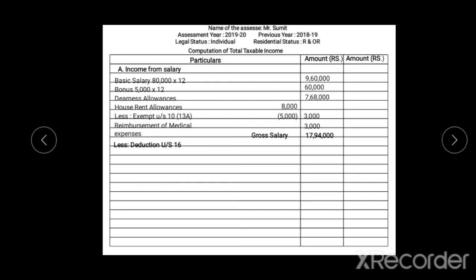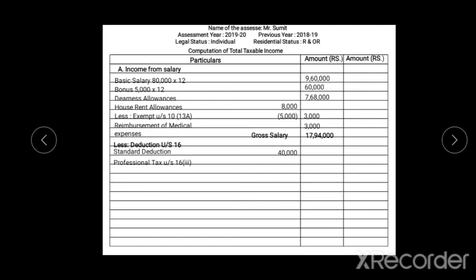After this, what do we have to do? We have to reduce the deductions, and I already explained while explaining the format. Three deductions will come under the head income from salary. First one will be standard deduction, second one will be professional tax, and third one will be entertainment allowance. Entertainment allowance, you know very well, is only eligible for government employees. Clear? So here the standard deduction comes first, and the standard deduction amount is 40,000, you know very well.